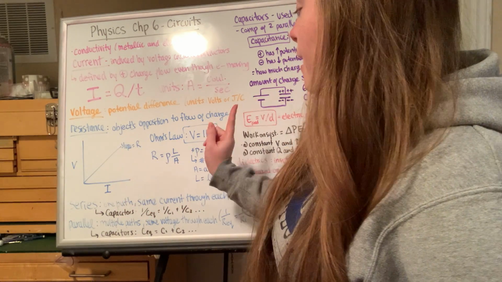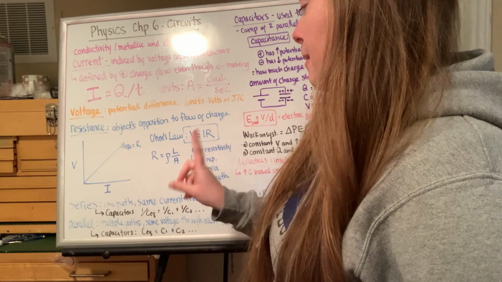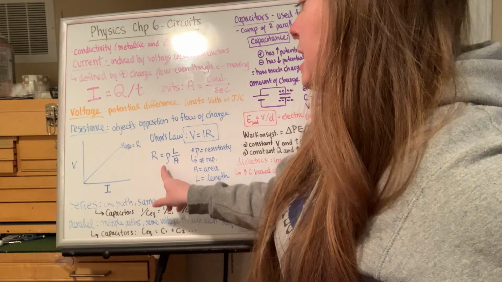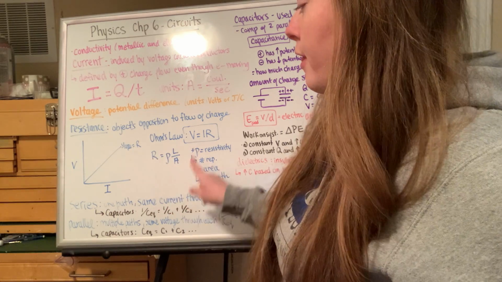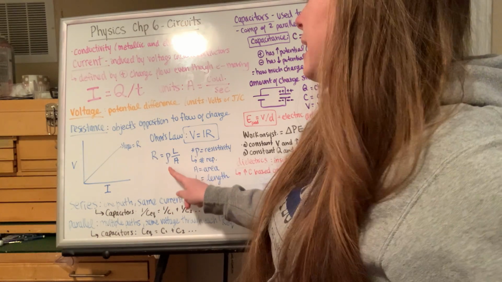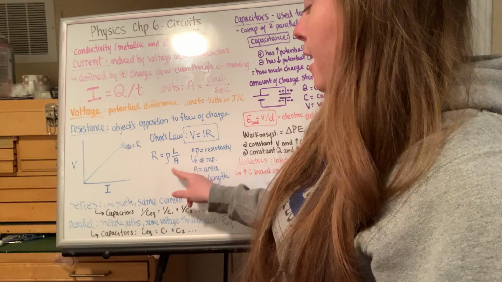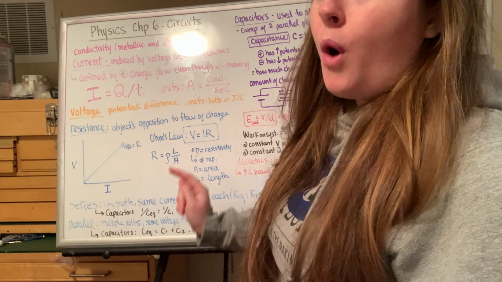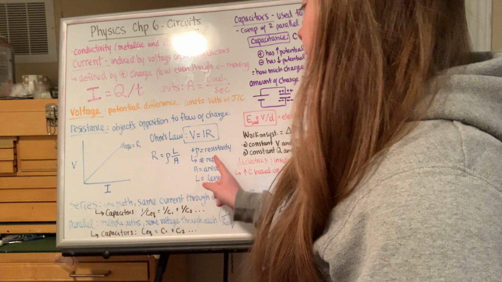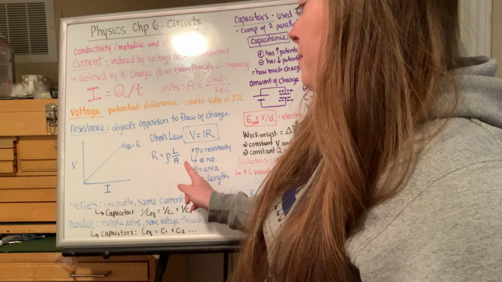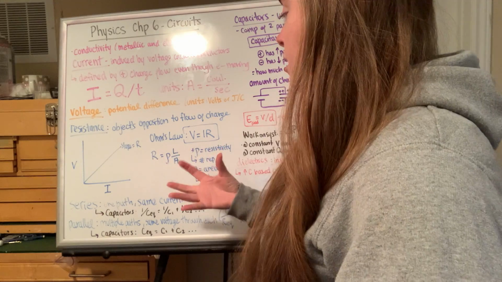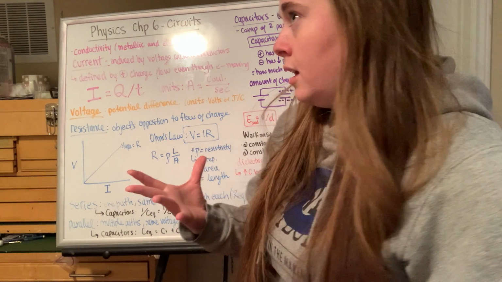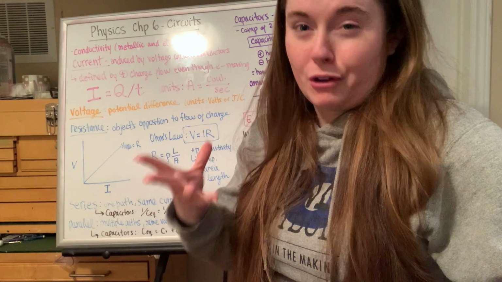So R is very interesting because the resistance is actually part of another formula here: rho times L over A, where rho is the resistivity, which is the number representation of specific materials or substances.